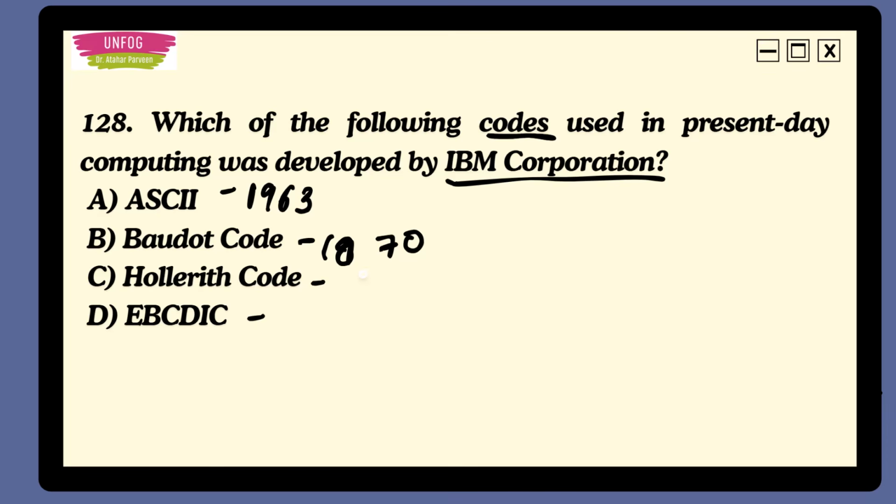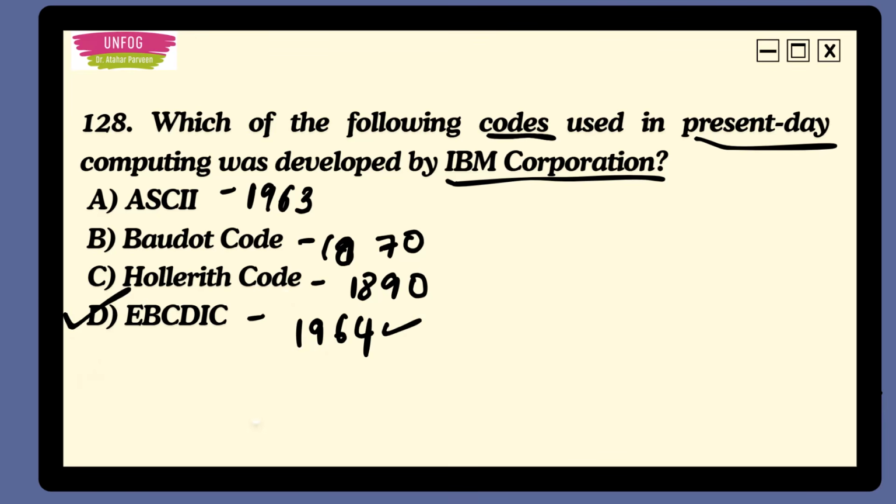This was introduced in 1890 and this was introduced in 1964. Okay, so if you are smart enough, from this timeline only you can say that IBM Corporation is used in present day. That means it is latest technology. In this, which is latest, which has come the last, EBCDIC. So this has to be the answer because this is the latest technology.